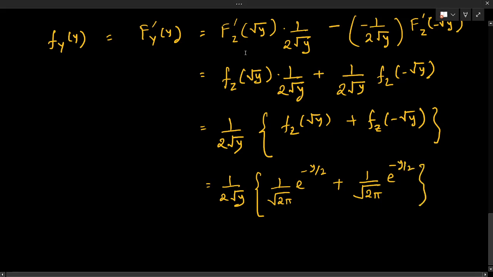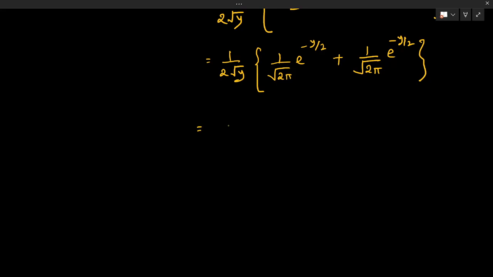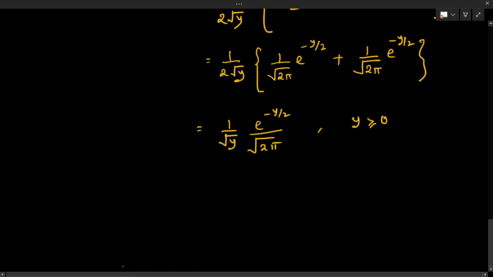Now just adding them, we are going to get 1 by root y e to the power minus y by 2 divided by root over 2 pi, provided the range of y is y greater than or equal to 0. Now our problem is solved. We have found out the distribution of Y.